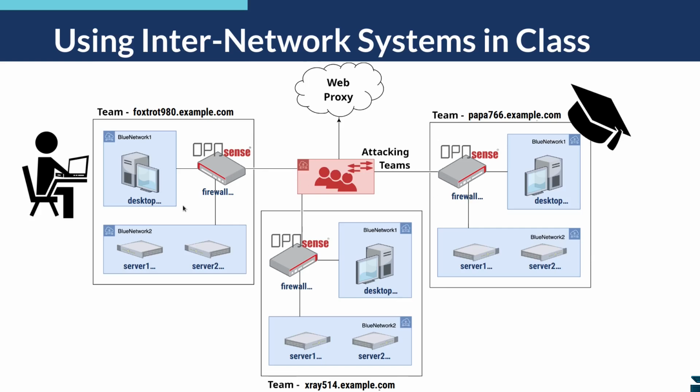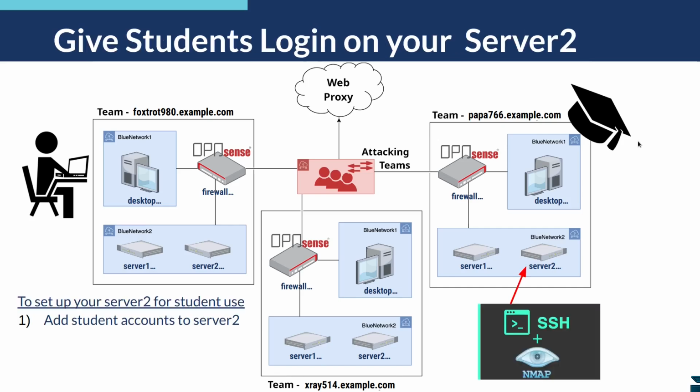So to do that, in this setup here, I've got this student environment Foxtrot, and my system is this Papa domain. I'm going to set that up. I'm going to use my server 2 in this classroom to give all students in my classroom login access to server 2, which is kind of dangerous if you don't know what you're doing.